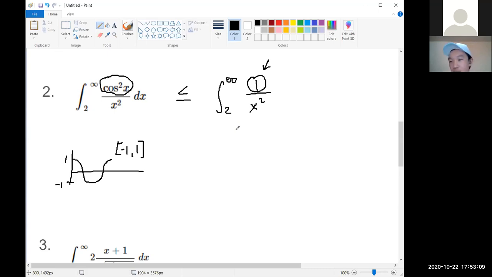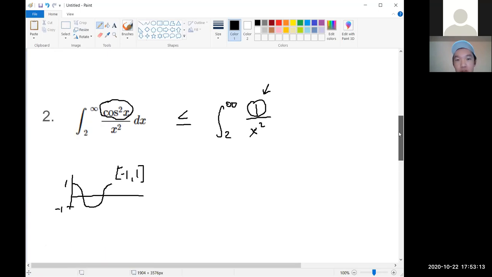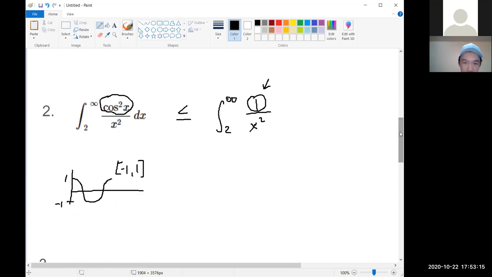But 1 over x squared, we already know the answer for that one. 1 over x squared is convergent, right? This is convergent. So if our original integral is less than a convergent integral, what do we conclude?